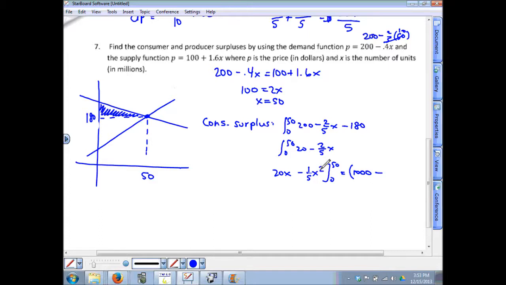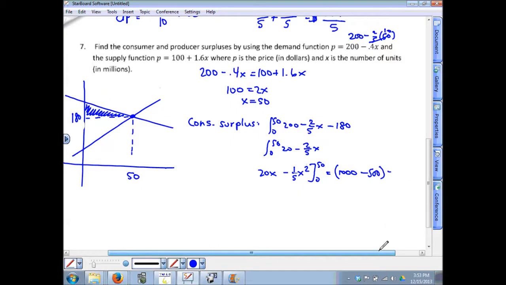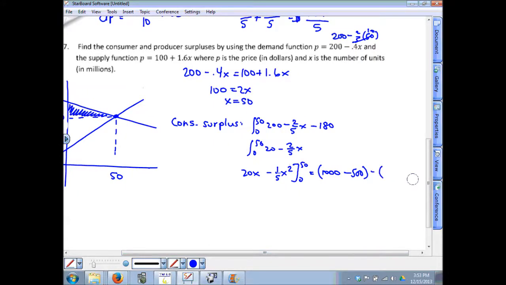Now x is still 50. 50 squared is 2,500. A fifth of 2,500: we have 2,500, divide that by 5. That's 500. So it's minus 500, and now we subtract this antiderivative evaluated at 0, but it's just going to be 0 minus 0, which is 0. 1,000 minus 500 is 500. So the consumer surplus is $500.